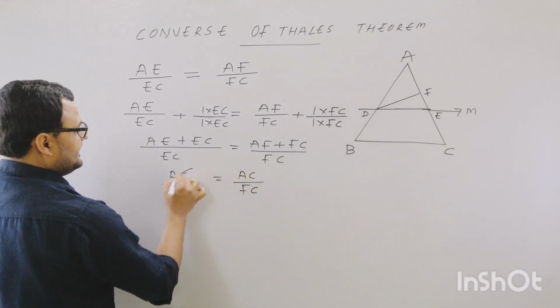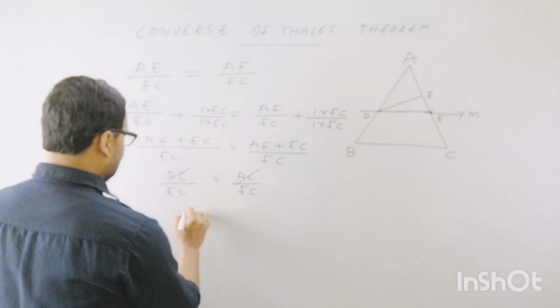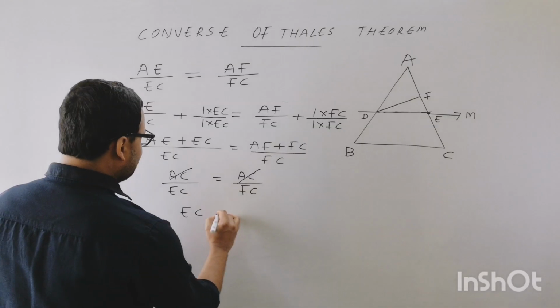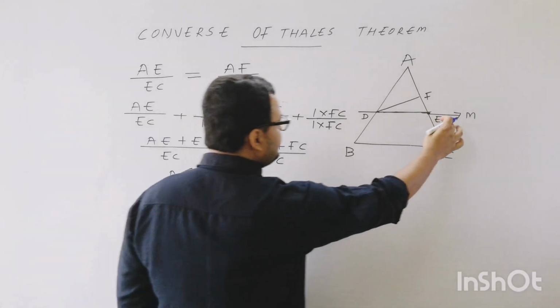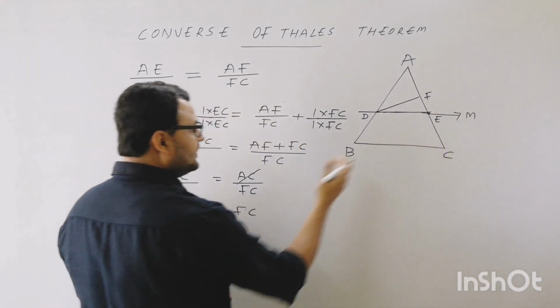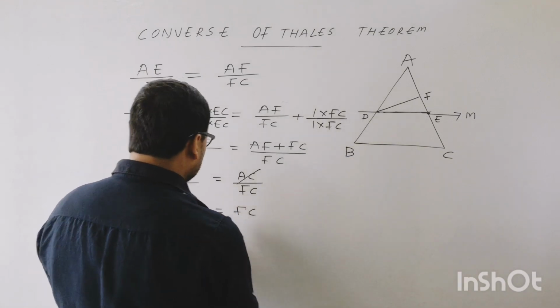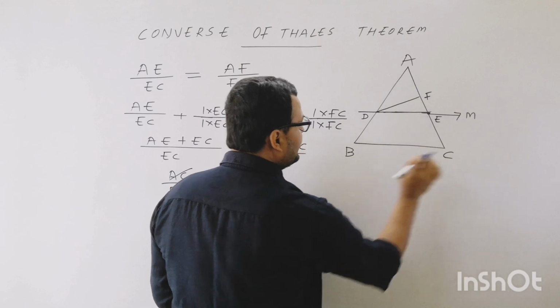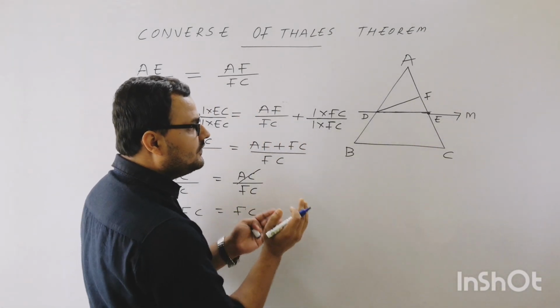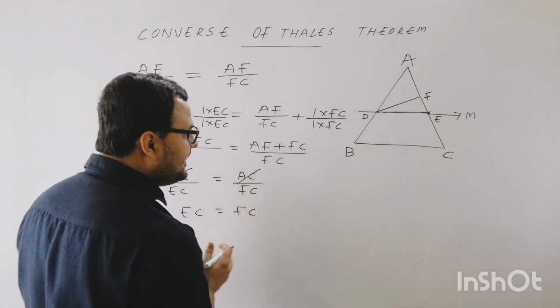Now AC got cancelled. So we now get EC equals FC. So this is EC, this is FC. They don't look equal in the triangle, but we have proved it. So it means EC and FC coincide. Coincide means they will overlap each other and they are equal.